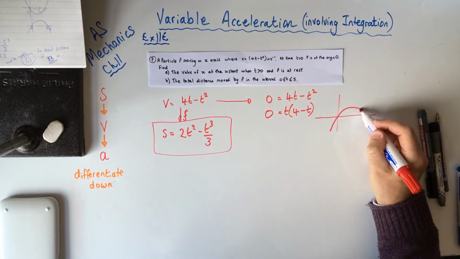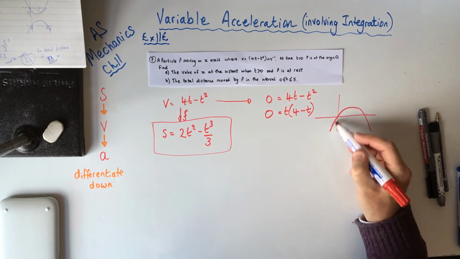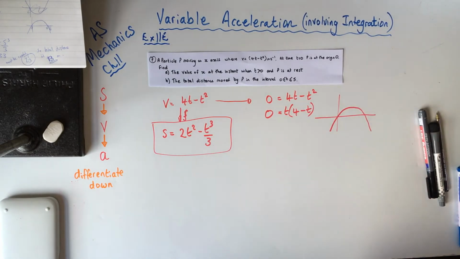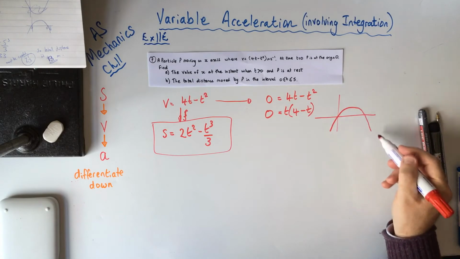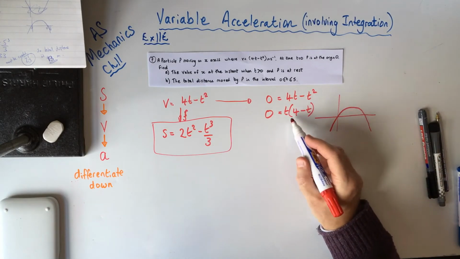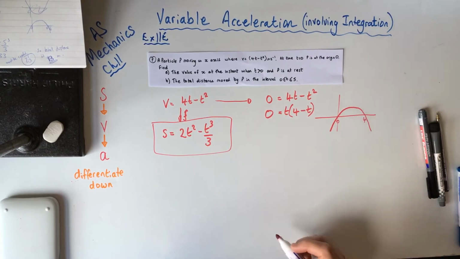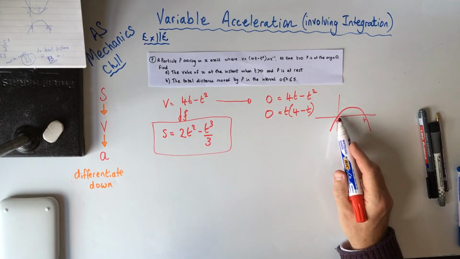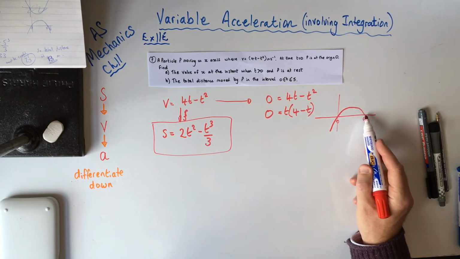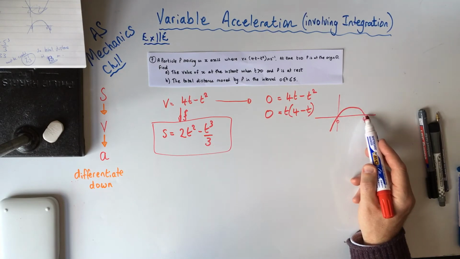So there it is. The minus t squared tells us that it's a negative quadratic, so it's a sad face, and that t is 0 and t is 4. Okay, so the velocity is 0 at t is 0, and then it speeds up and slows down and changes direction at t is 4 and becomes negative.